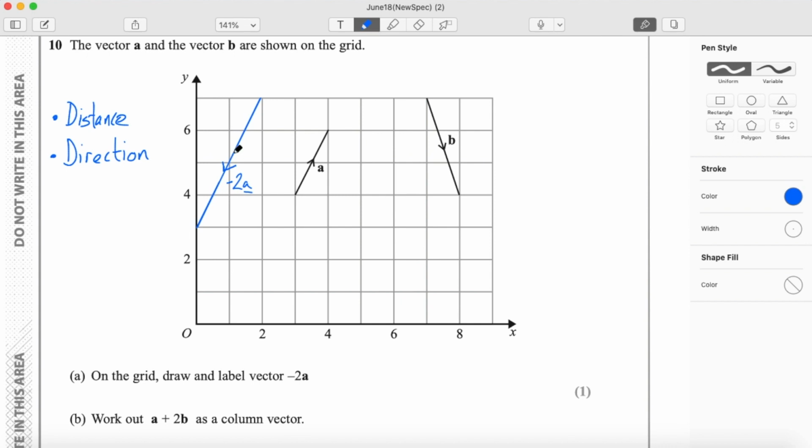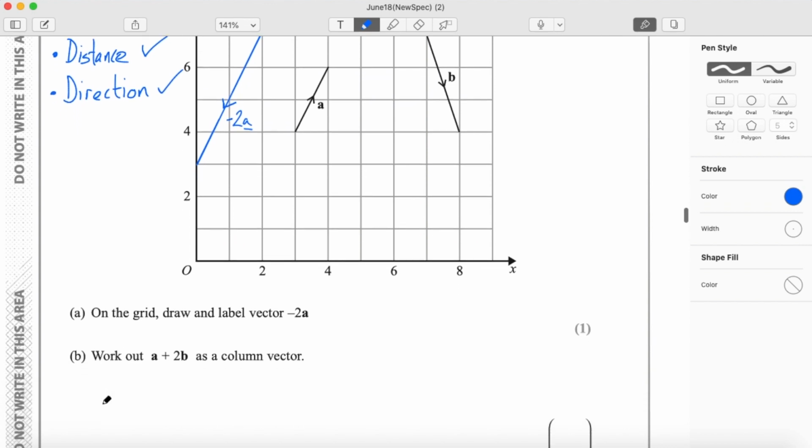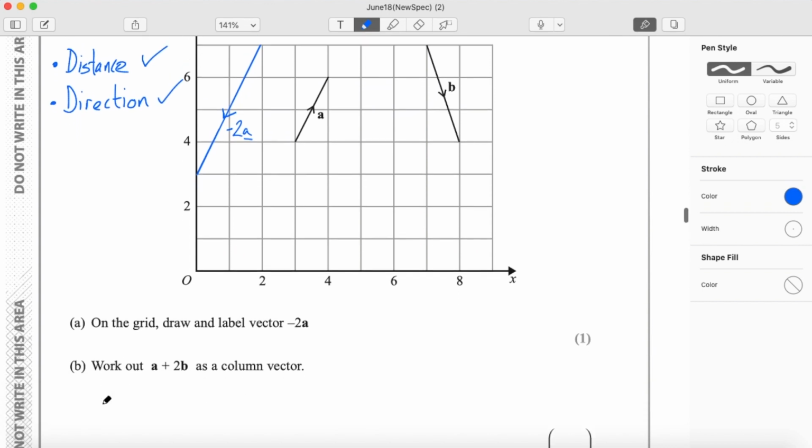It doesn't need to be anywhere in particular on this grid, it just needs to have the correct distance, length 2, and direction in the opposite sense of A. So that's part A. Part B, work out A plus 2B as a column vector.